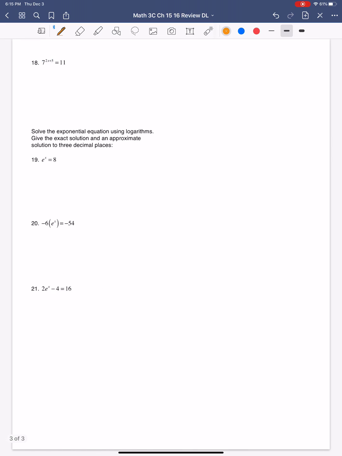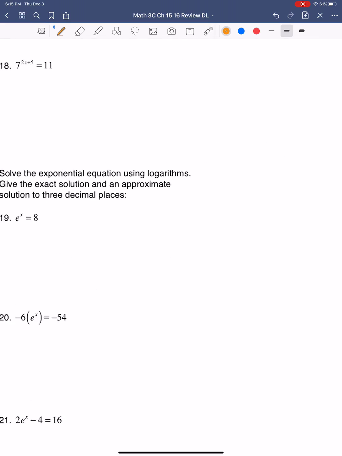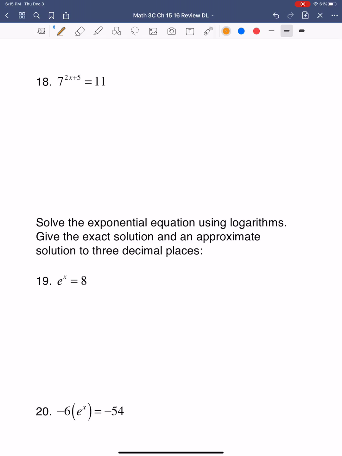Okay, and keep it going here. Number 18, pretty similar, right? I'm ready to do logs on both sides here because there is nothing down on the base anymore. So I'm going to do log and log. Okay, so then that's going to turn into 2x plus 5 times log 7 equals log 11.